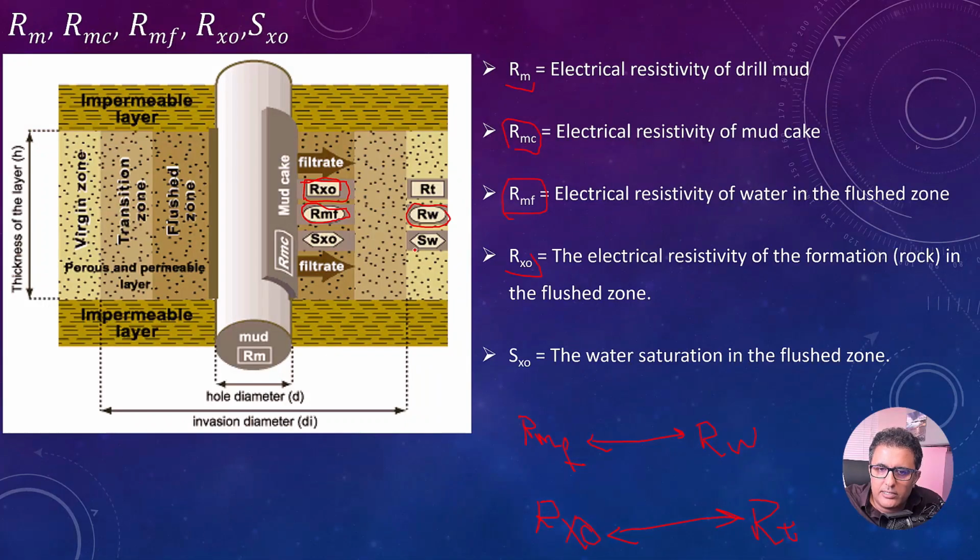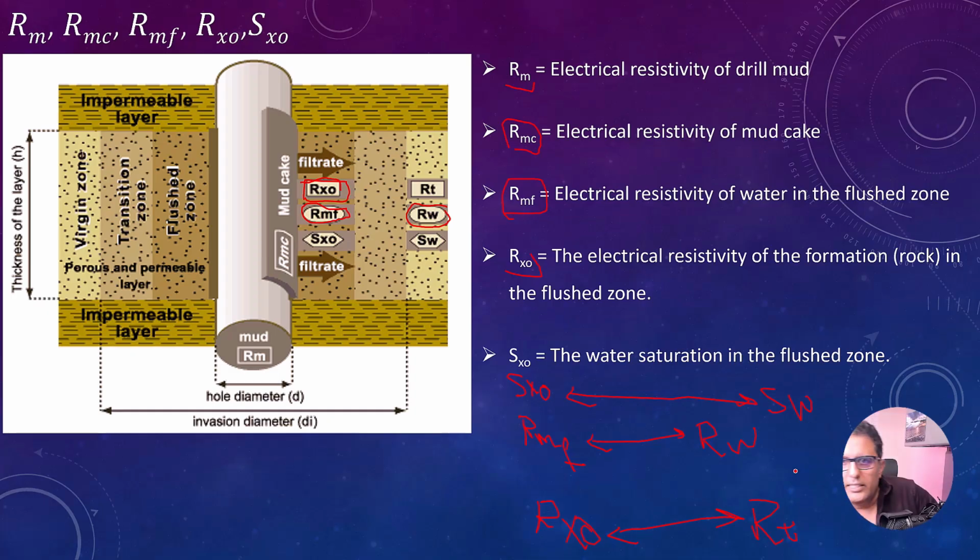So here, SW is the water saturation in the virgin zone, but for the flush zone, we call it SXO. So again, SXO is the water saturation in the flush zone, versus SW.